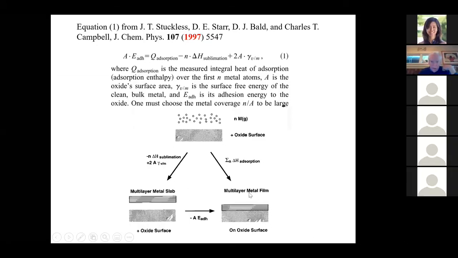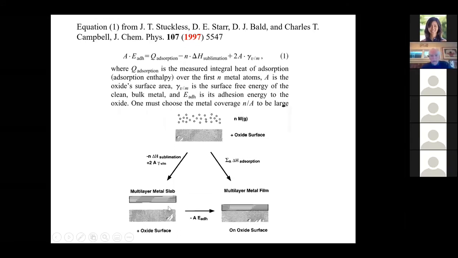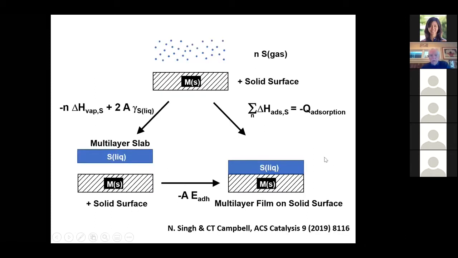The heat of adsorption integrated up to multilayer coverage is all we need to get the adhesion energy at this solid-solid interface. And we can apply that to solvents, and this is the same diagram for solvents.